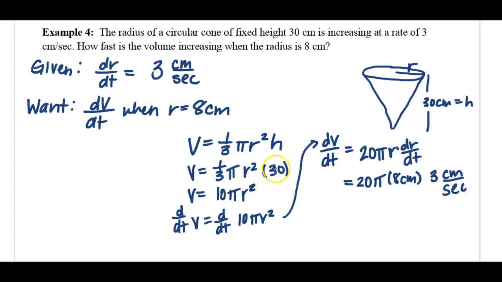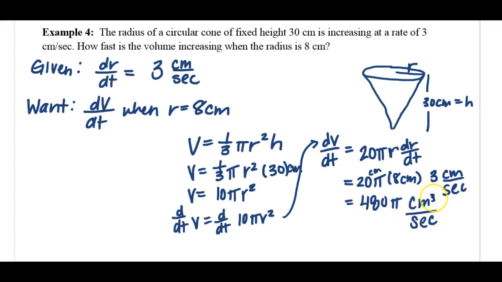And the 30 actually came with the unit centimeters, so that's where our extra centimeters is going to come into play. This 20 actually had a unit of centimeters as well. Multiplying all of my numbers together, I have 24 times 20 times pi, so 480 pi, and then I have centimeters cubed per second.